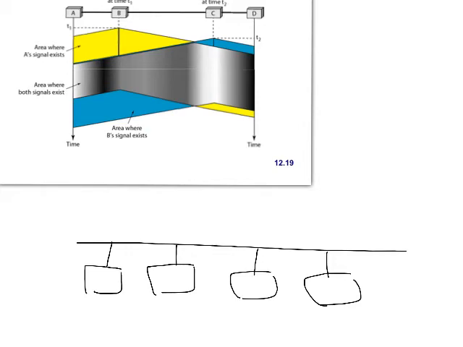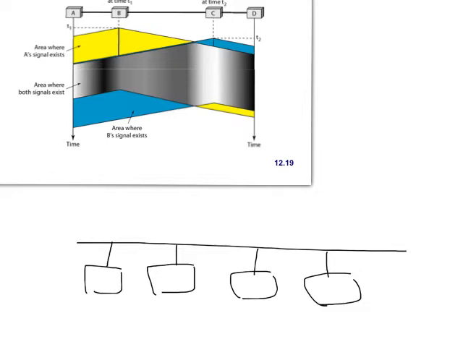We are all sharing one cable here. So before this node tries to send, it should check if there is any transmission happening on the line. Can I actually do that? Well, it turns out I can.